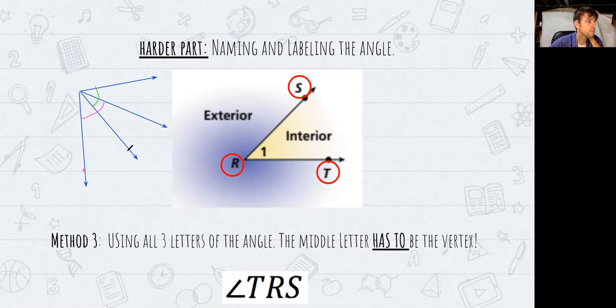So hopefully I have some points out here and I can use those to kind of label it. So this pink angle, I could name it like CAE. But there's not really a good way for me to write a number to mark CAE. Or the other one, the green one, I could do like BAD, for instance.